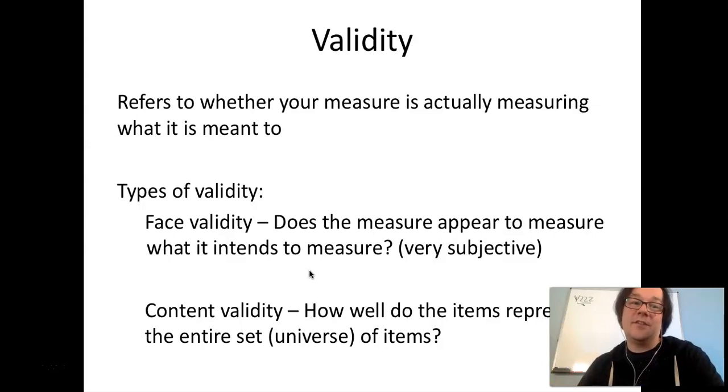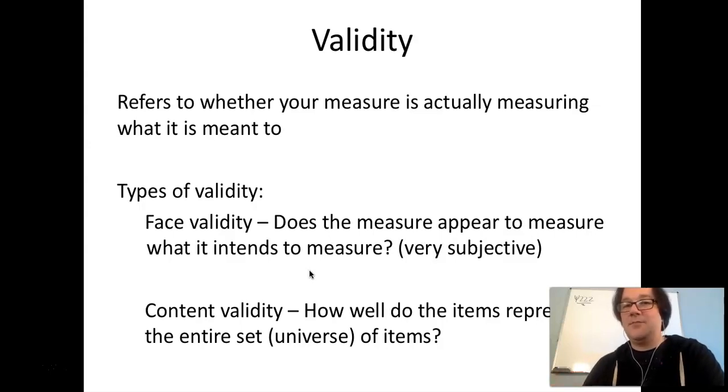Well, here we go, starting with the first one, face validity. This is about as subjective as it gets. So when we say that something has face validity, we're saying, well, on the surface, it looks like it's measuring what it intended to measure, right? So what do we mean by that?